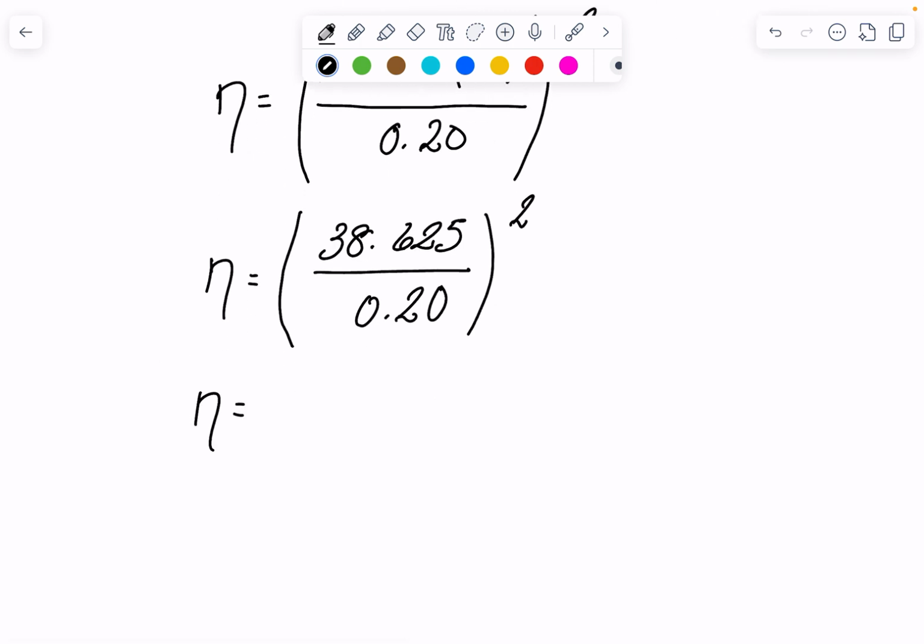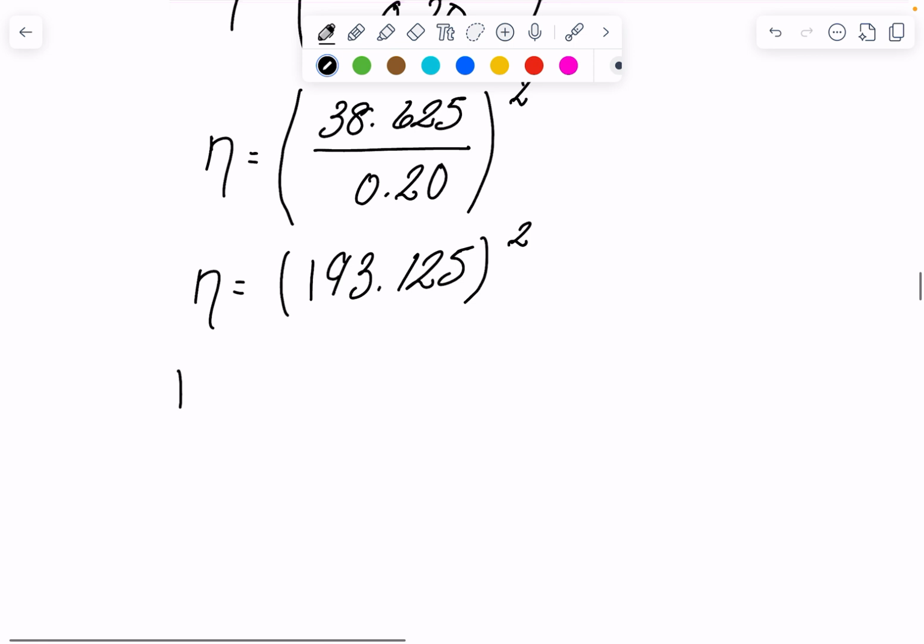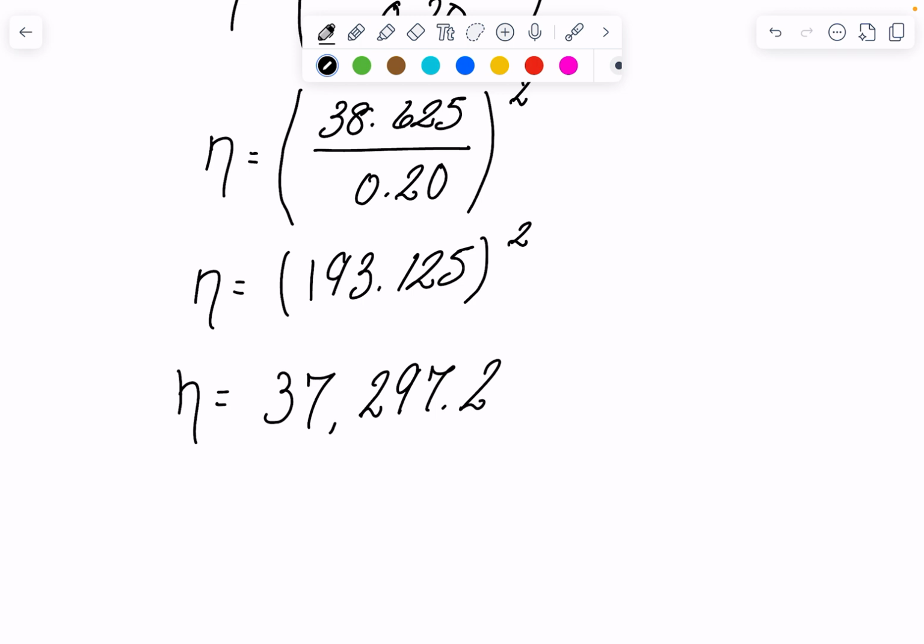This value that we have in parentheses is actually going to be 193.125, and we're going to have to square it to find our final value for the sample size. That number is going to be 37,297.27. Okay.